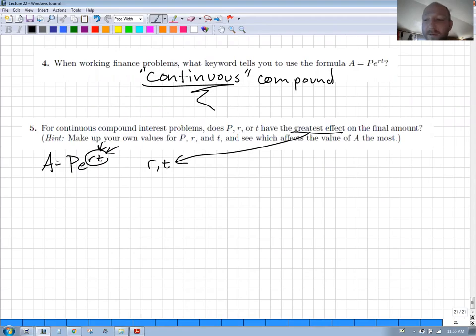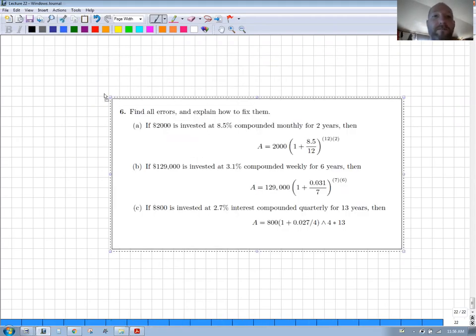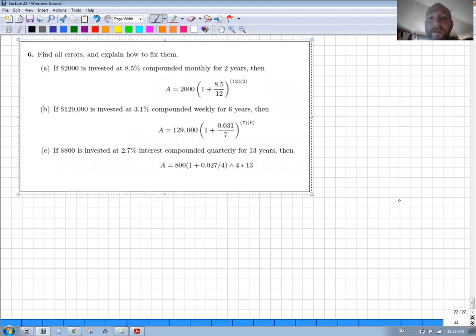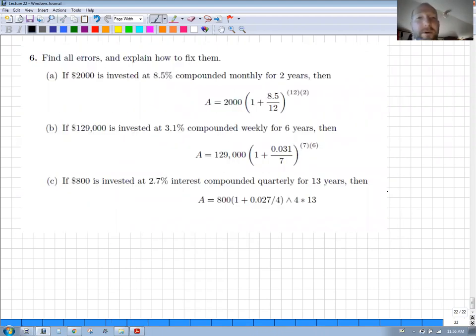Let's find some errors here. All right, part A, if $2,000 is invested at 8.5% compounded monthly for 2 years, then this amount is invested. This is our rate. Compounded monthly, N is 12 for 2 years.